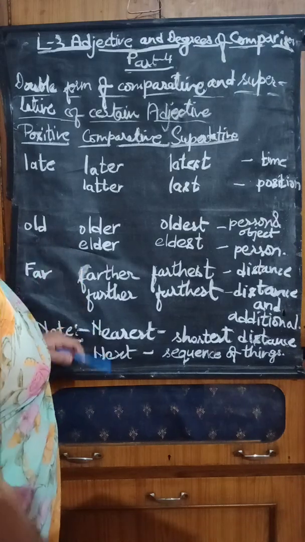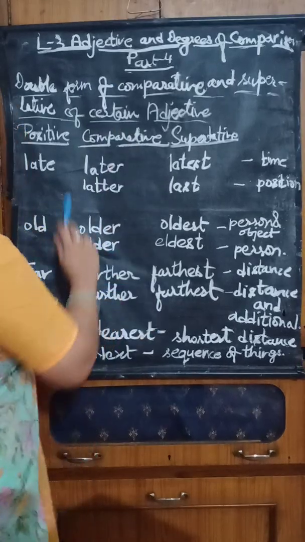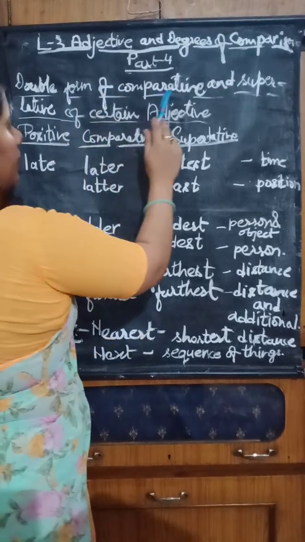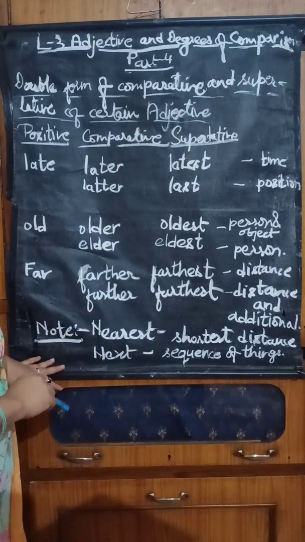Now in this session I am going to discuss with you the double form in a few words, having double forms of the comparative and the superlative in certain adjectives.